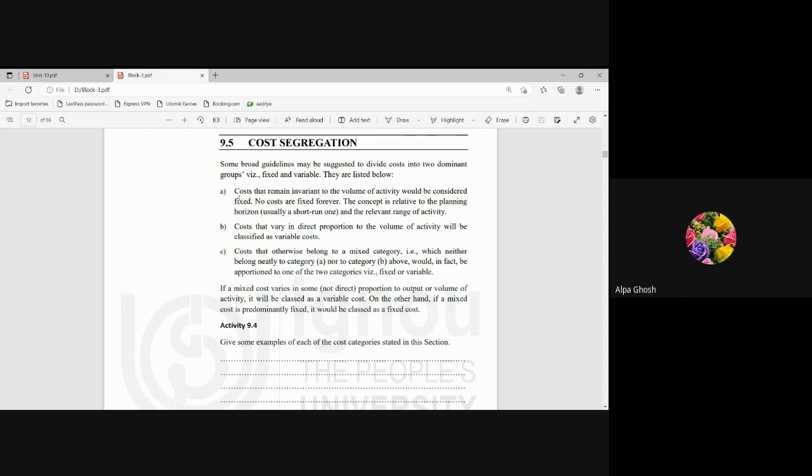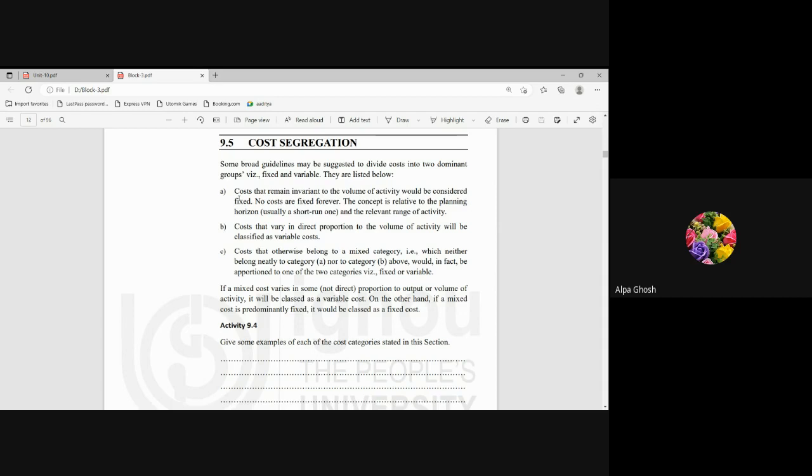So with the change in the volume of the activity, the requirement also changes. To produce 1 unit, the cost is 2 rupees. To produce 2 units, the cost is 4 rupees. To produce 3 units, the cost is 6 rupees. So per unit cost is 2 rupees. But this change of cost, 2, 4, 6, is your variable cost.